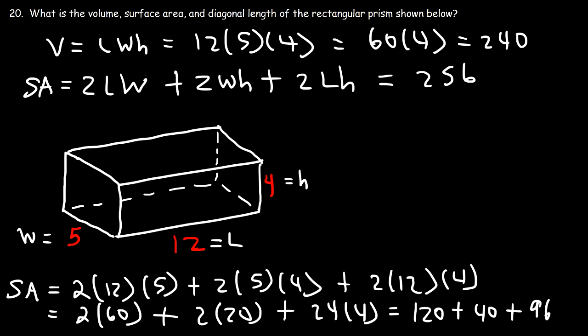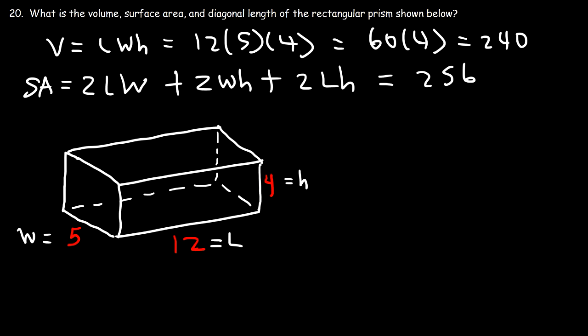Now how can we calculate the length of the diagonal? So let's say if this is A, B, C, D, and this is E, F, G, H. We want to find the distance between point C and point F. How can we do that?